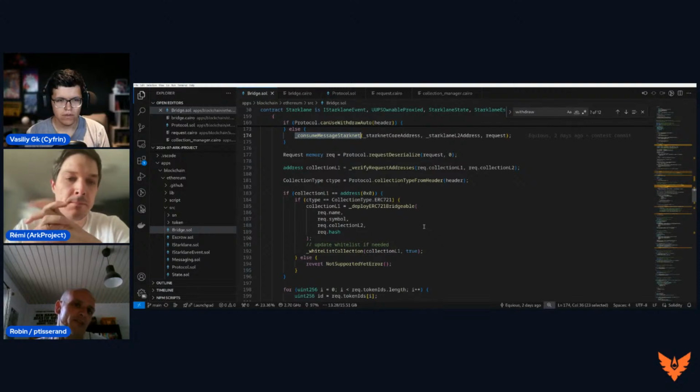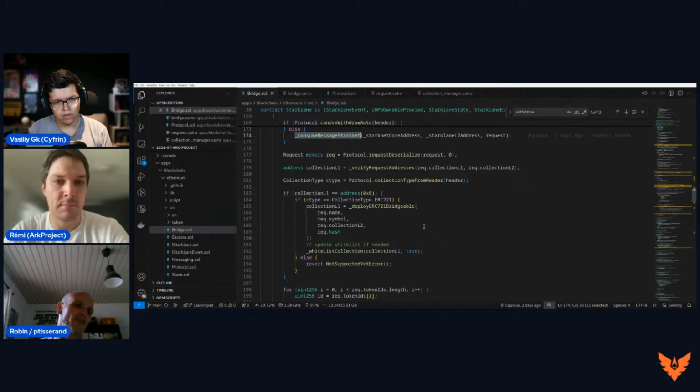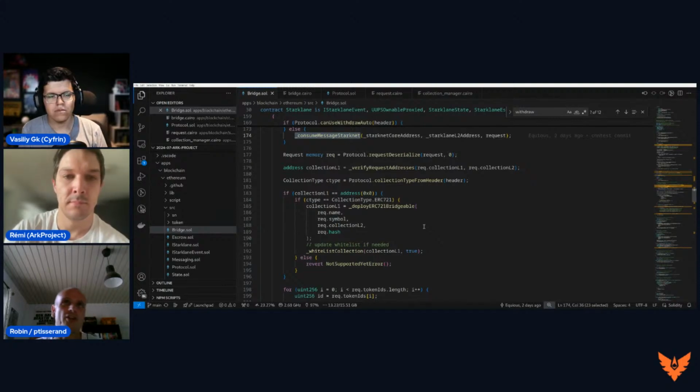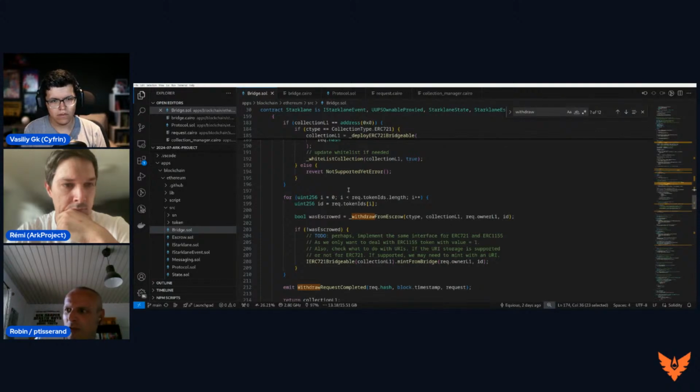In some cases, if the NFT has already been transferred from L1 to L2, it means it's already available in the L1 escrow, so we don't need to mint it. We just need to transfer it. You can bridge several NFTs with only one request. There is only a limit in payload size in Starknet, which is around 300 bytes, I think. I'm not sure, but I need to verify.